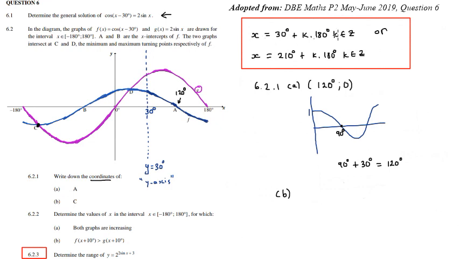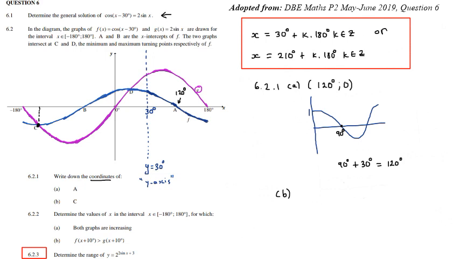So we need to use the general solutions that we determined before in order to figure out the coordinate here at C. We can obviously see that it has to be a negative x value, so we're going to figure that out on the calculator.